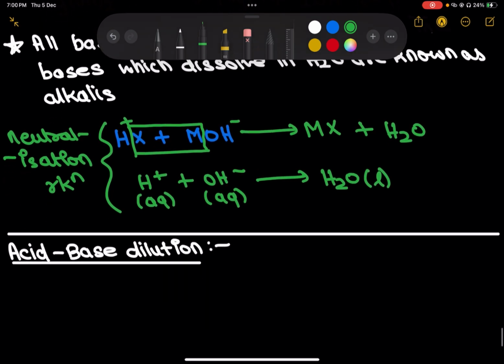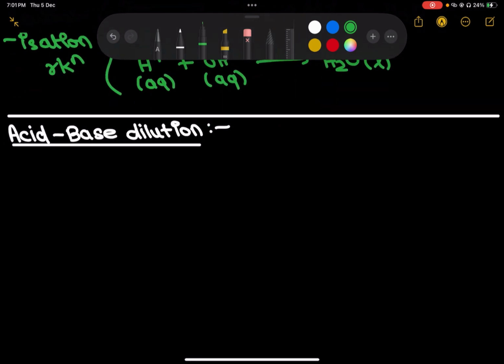Now we'll move on to the last part, which is acid-base dilution. What is basically dilution? Dilution in layman language means adding water to an acid or a base. We'll see what exactly it is, and then I'll give you the proper definition.